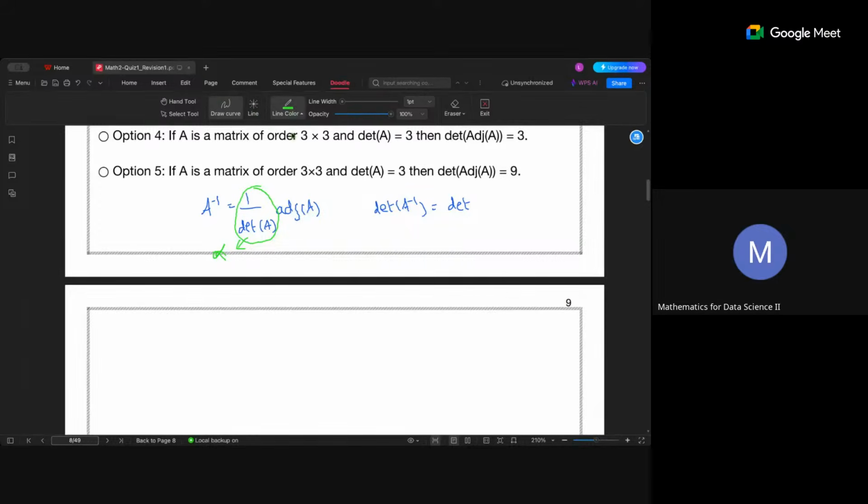So I write it as determinant of alpha times adjoint of A. If I have alpha, it becomes alpha power n.